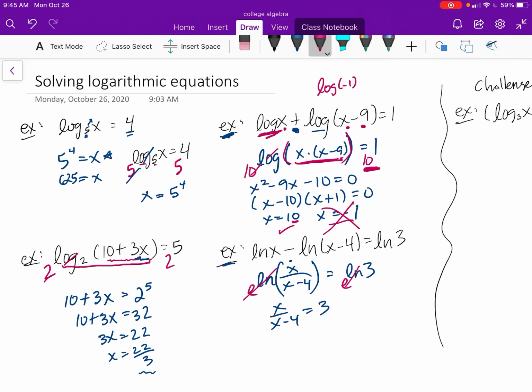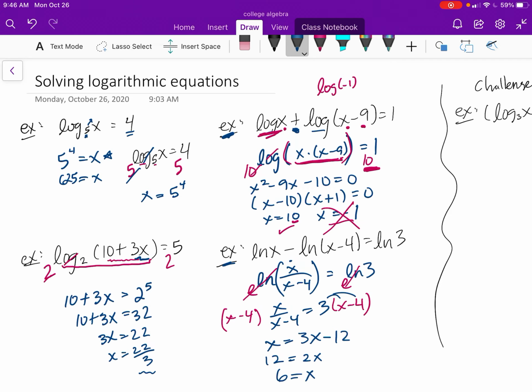So let's solve this. Multiply both sides by x minus 4, or do the cross product, right? Whatever. I mean, this is basic algebra from this point. So we get x equals, let's go in and distribute, 3x minus 12. Let's subtract the x. We'd have 2x here. Add 12 to negative 12 to get 12.